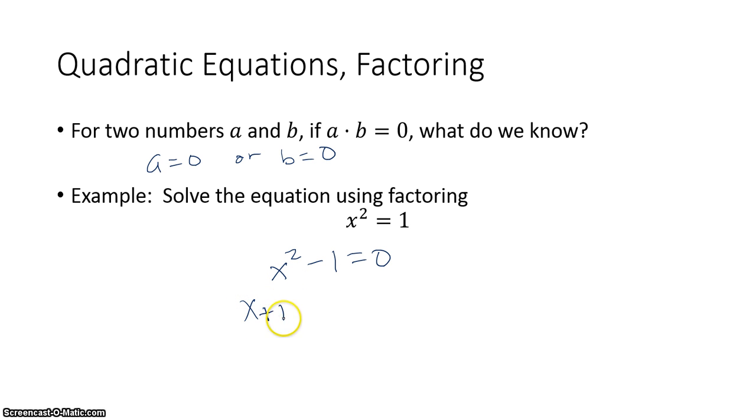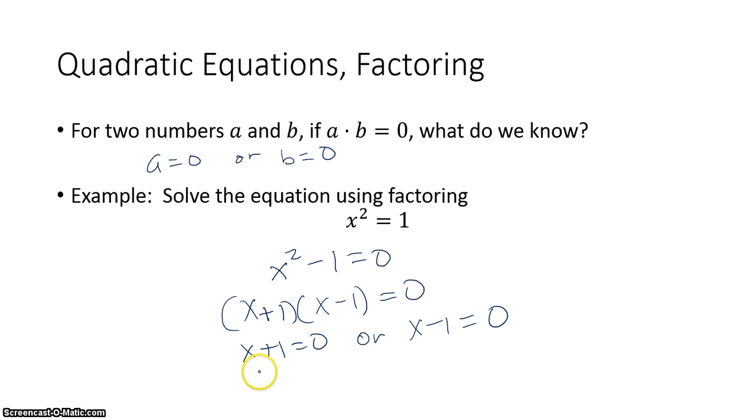This is a difference of squares, so it's x plus 1 times x minus 1 equals 0. Now I'm going to apply my zero product principle to say that x plus 1 equals 0 or x minus 1 equals 0 or both. Well, x can't satisfy both of these at the same time.